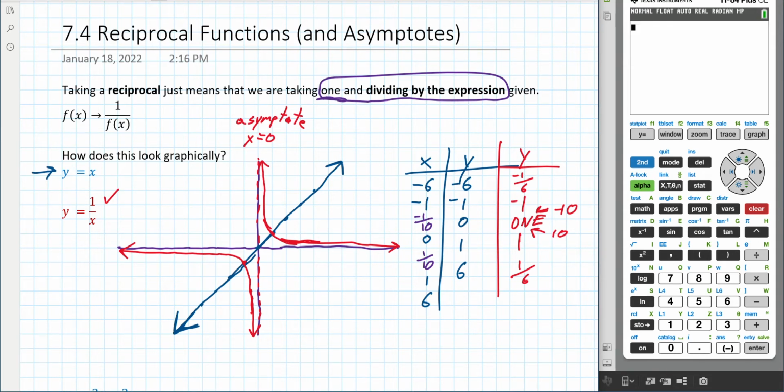but never really touches. In this graph, it's actually approaching both the x-axis and the y-axis. So let's plug this into our calculator so that we can see what that looks like. y equals x will be our blue, and y equals 1/x will be our red.